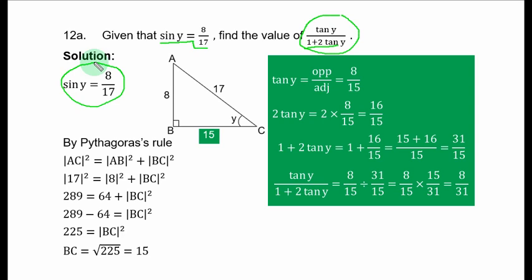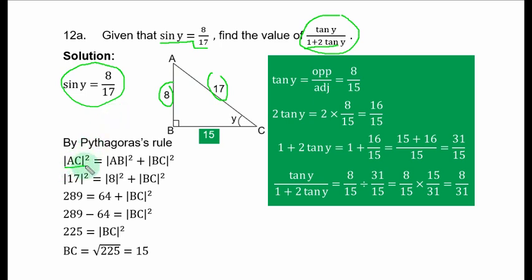So you draw a right angle triangle with the acute angle as y. So AB becomes opposite, while AC is the hypotenuse. So you have 17. Opposite is 8. By Pythagoras rule, you can get the adjacent by stating the rule.